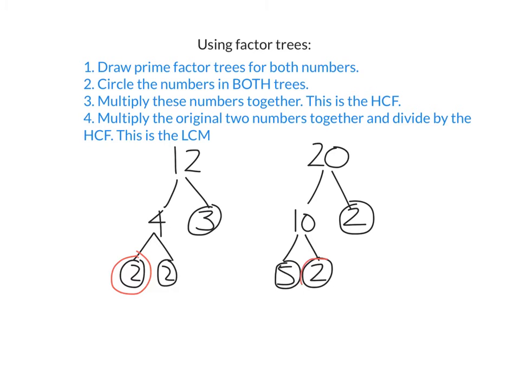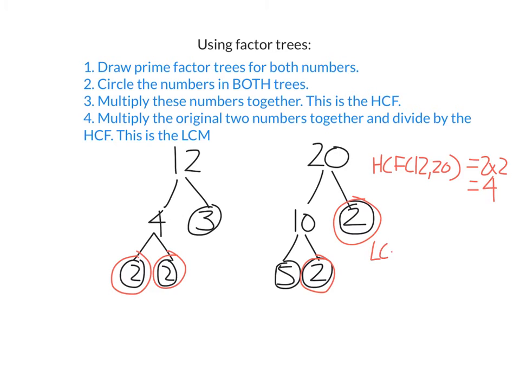So there's 1 pair of 2s and 2 pairs of 2s. So the highest common factor of 12 and 20, step 3 says we just multiply the numbers that I've circled in red. The ones I've circled in red, 2 and 2, we just multiply them together, and we get 4, which is the exact same answer we got last time.